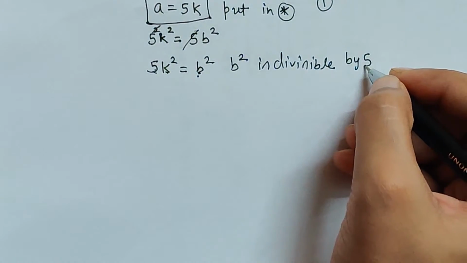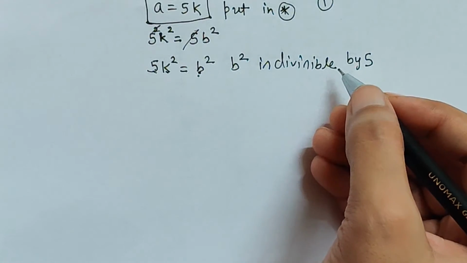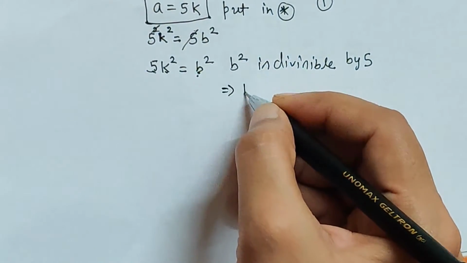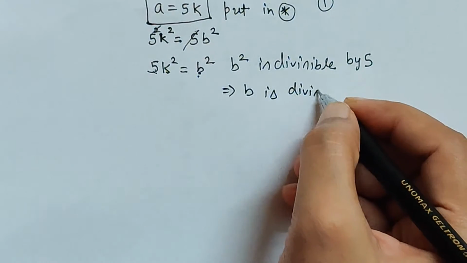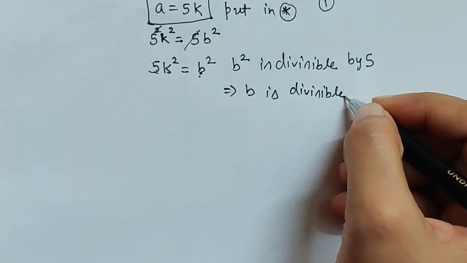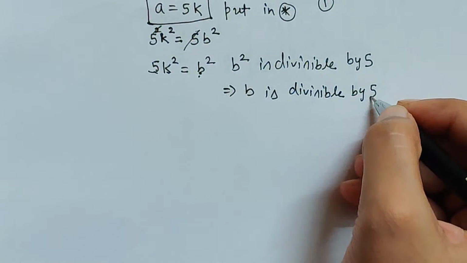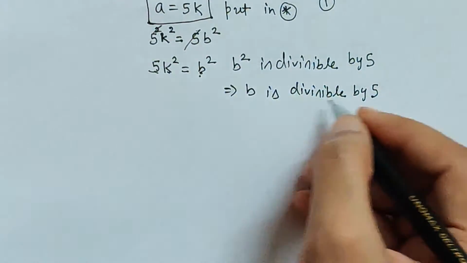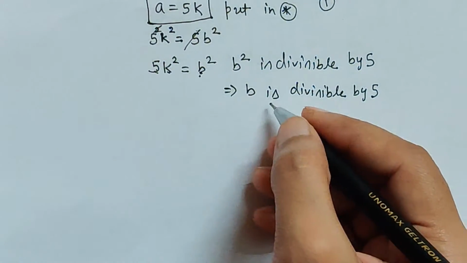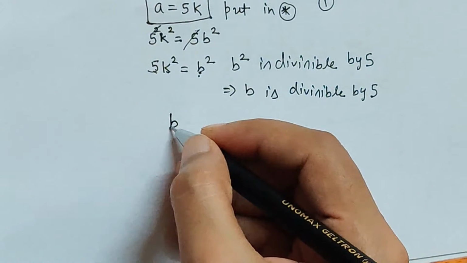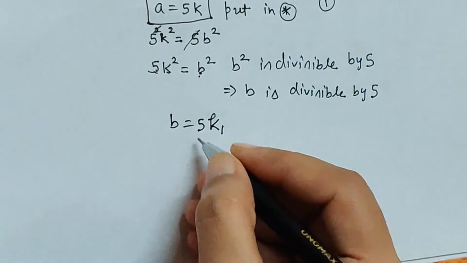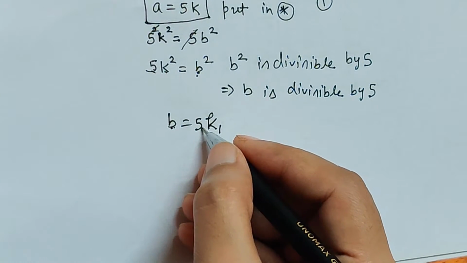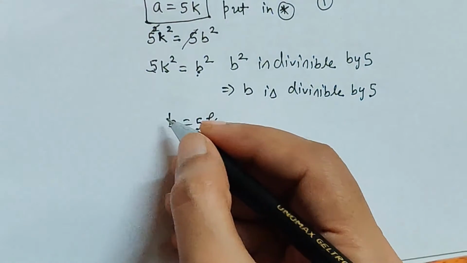And if b square is divisible by 5, then b is also divisible by 5. So again, how can we rewrite this statement? B is divisible by 5. That means if I multiply 5 with some number, I get b. 5 into something is b, isn't it?